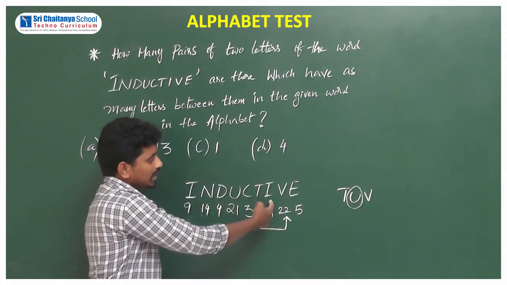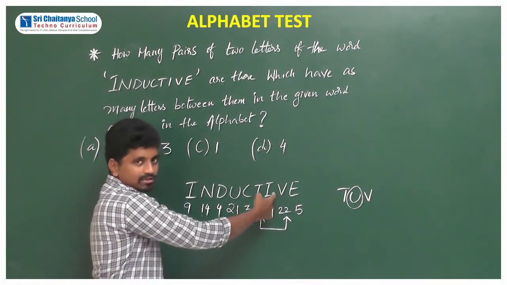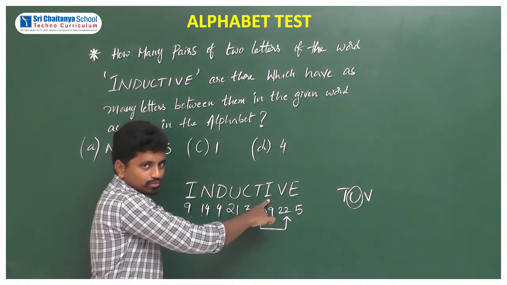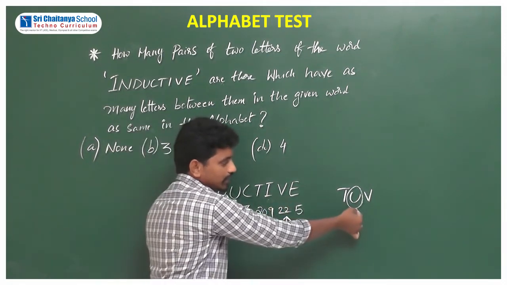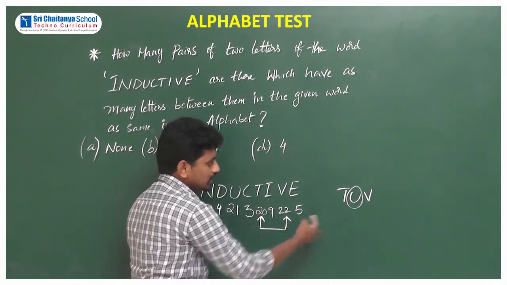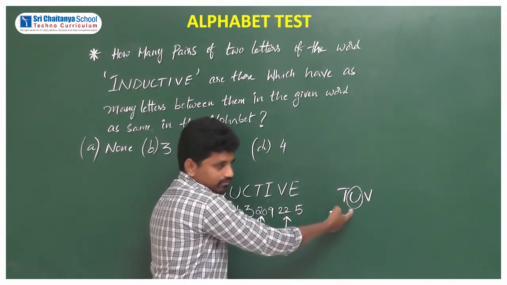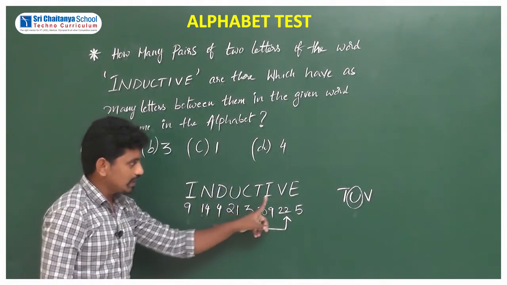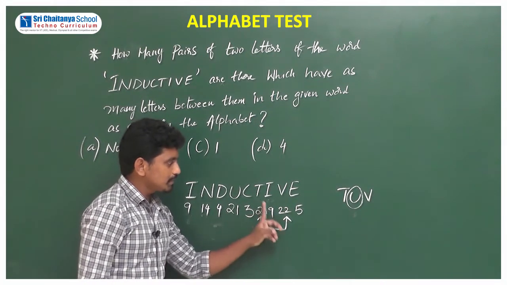In T, in place of U they gave I, and then V. That means forget about these letters. How many letters are there in between those two? That's it. If you observe here there is only one letter, and here there is only one letter. So these two are matched. In the given word there is only one letter in between T and V. So here this pair is satisfied.